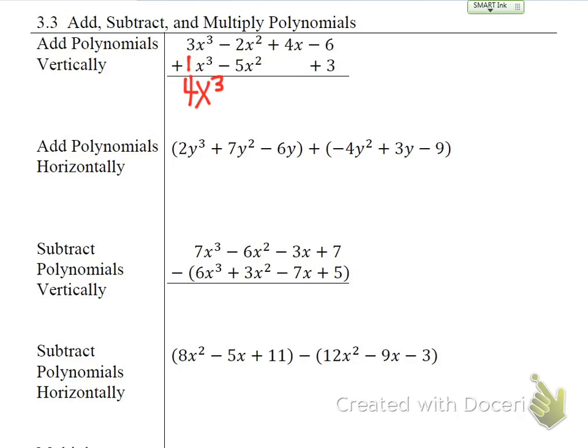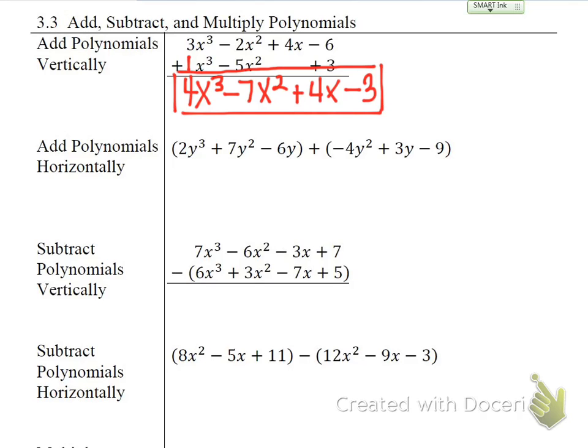Okay, I then have a negative 2x squared minus 5x squared, so that's going to be a negative 7x squared plus 4x, and there's nothing being added to that, so that's just going to be a plus 4x, and negative 6 plus 3 is minus 3, and that's your answer. Okay, that's one way to add.